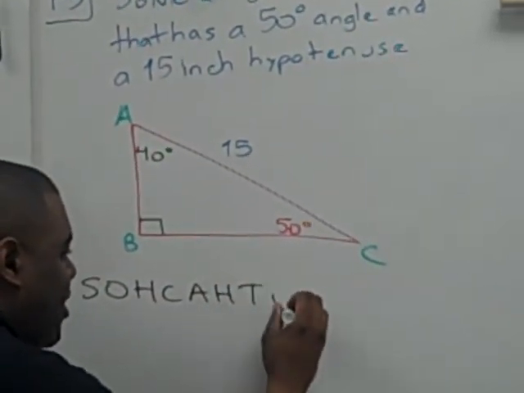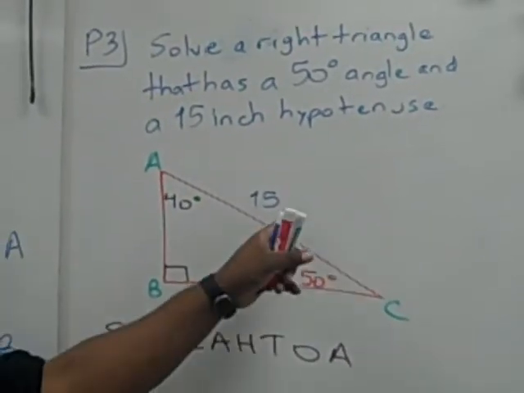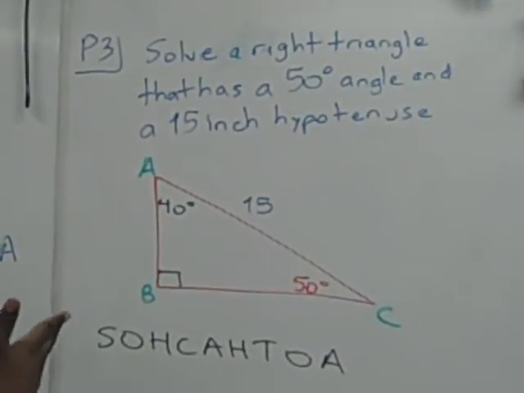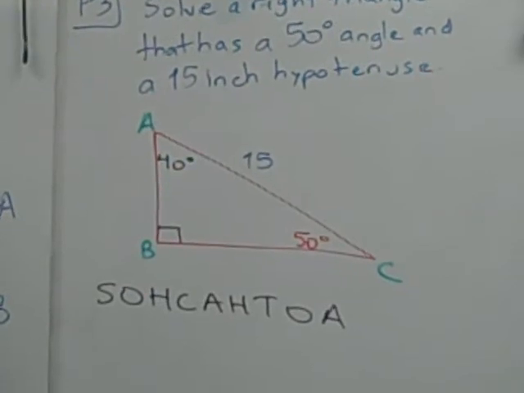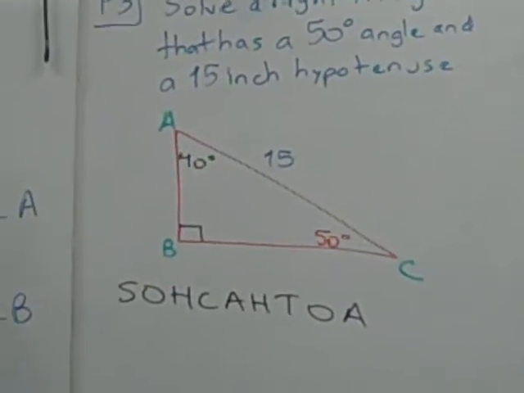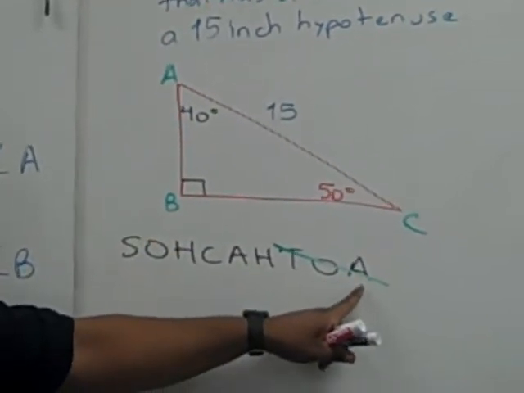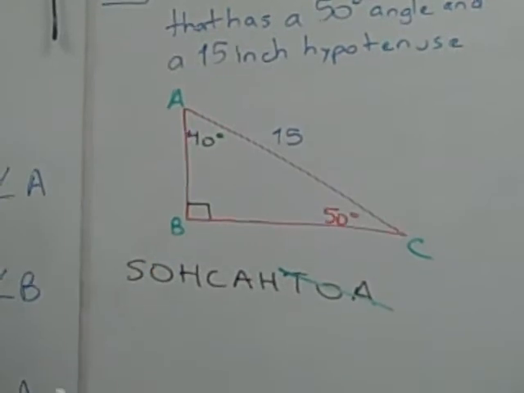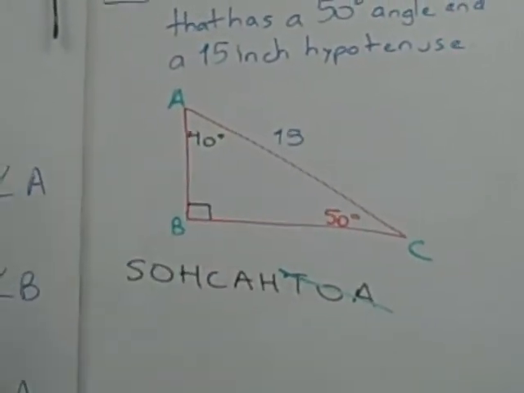And we want to look for something that has a hypotenuse in it as well. Which of these parts can we eliminate? Yes, the only thing we can eliminate is tangent, because that has an opposite and an adjacent. So we could use either sine or cosine to come up with the answer to these questions.